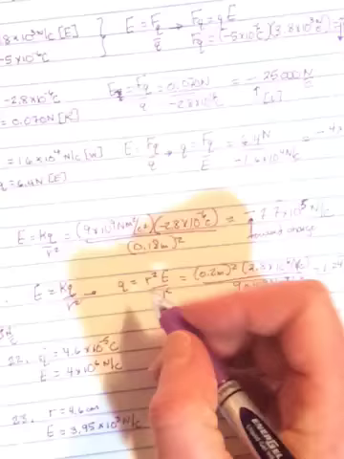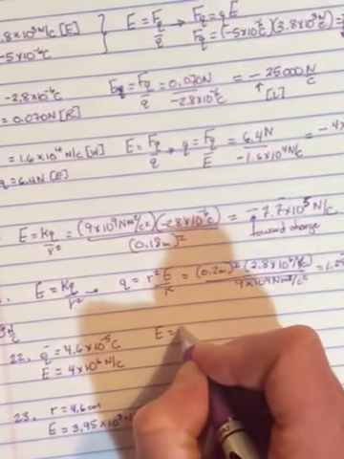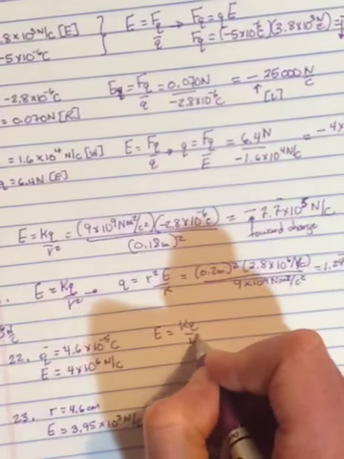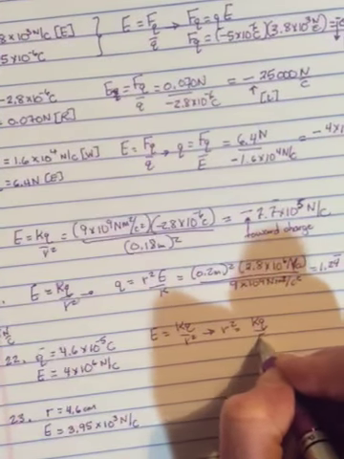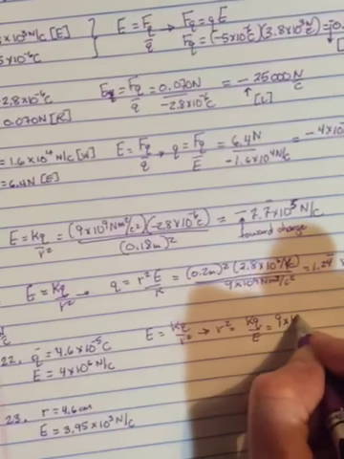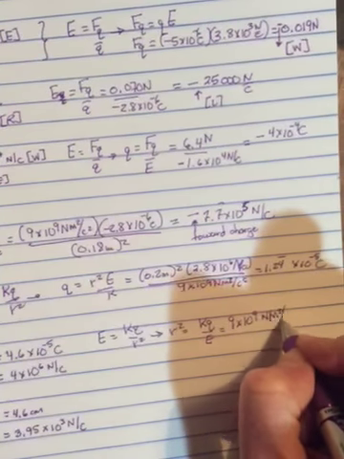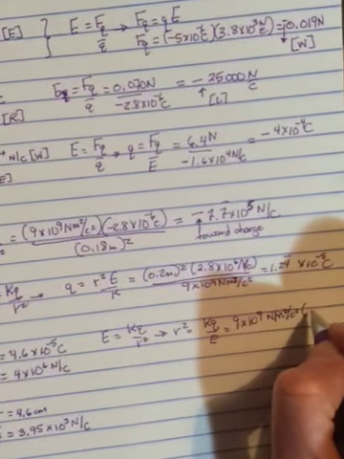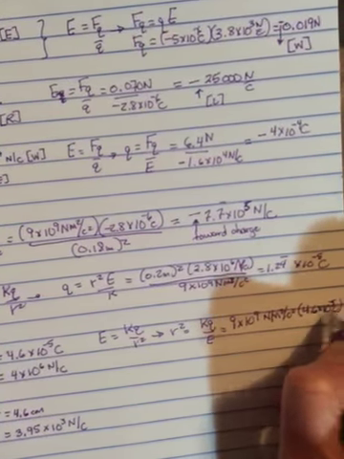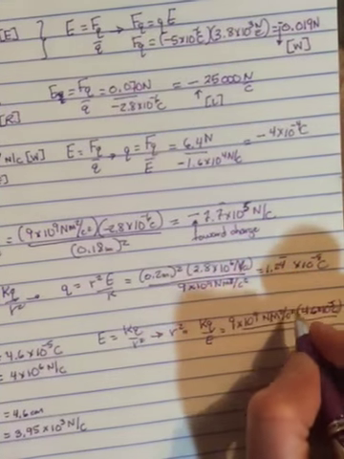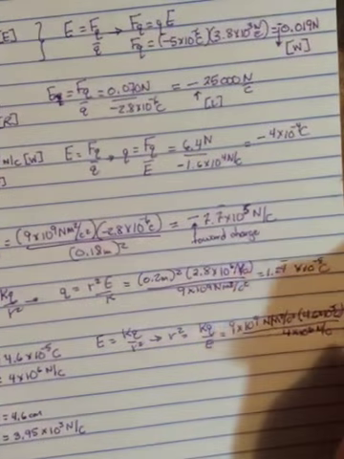Next one gives you a Q, gives you a field, gives you a charge in a field, and it wants R. So this time E is equal to KQ over R squared. So R squared is equal to KQ over E. So 9 times 10 to the 9th newton meters squared per coulomb squared. Q was 4.6 times 10 to the negative 5 coulombs, and E was 4 times 10 to the 6th newtons per coulomb.